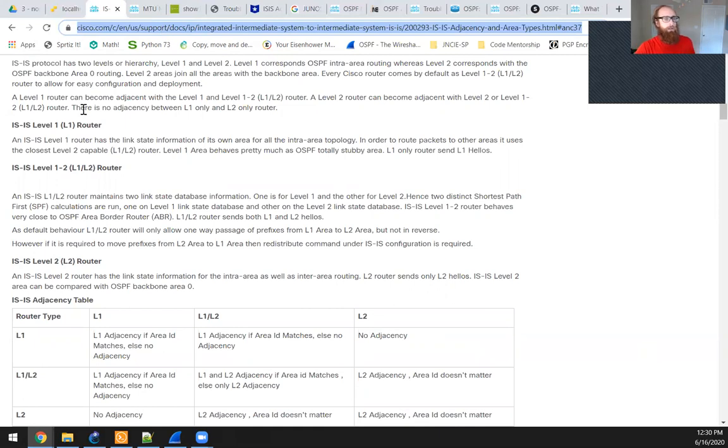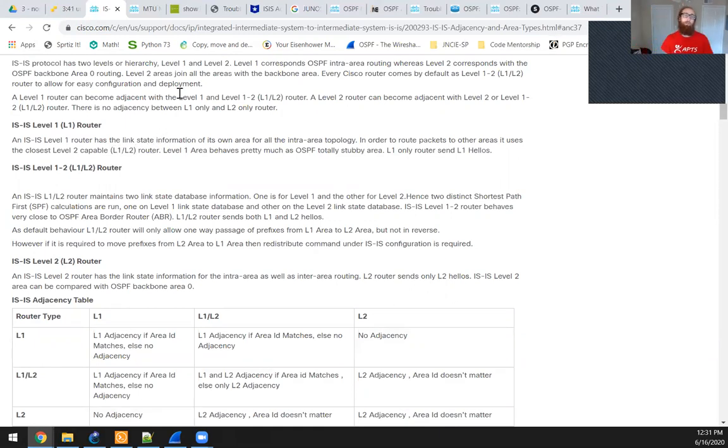And this is a good point too: the closest level 2 capable router has to be an L1/L2 router, because if it were a purely L2 router, it could not form an adjacency with it. So it can only route packets to other areas by way of an L1/L2 router.